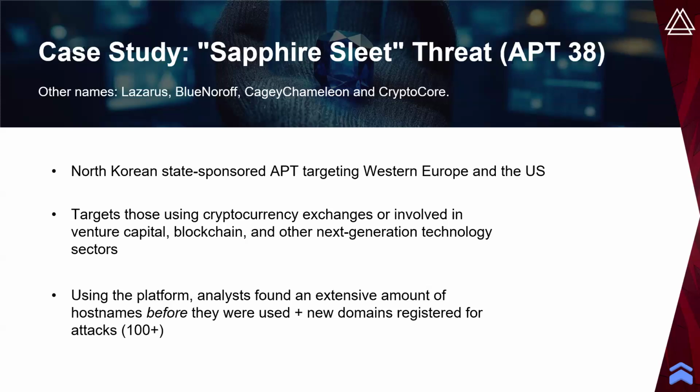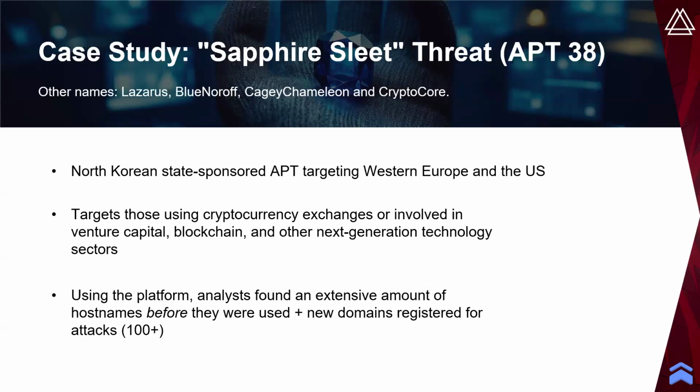For example, subdomains may include the names of the organizations or individuals they're impersonating, adding credibility to their phishing lures. But by analyzing these subdomains and associated DNS activity, we can detect their infrastructure setup phase and provide organizations with early warnings when we detect the creation of that type of infrastructure.